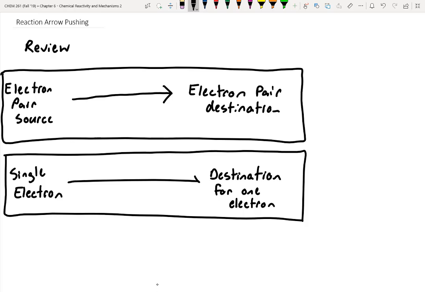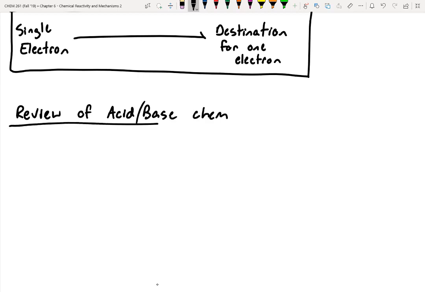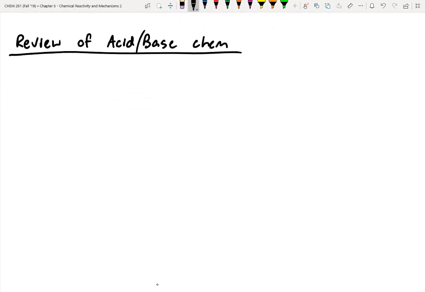All right, so let's review a little bit. If we think about acid-base chemistry, we typically have some sort of base, and we've got some sort of acid that looks like this. Which one's going to be our electron source? The base, the lone pair on the base should be the source, and it's going to reach out and grab that proton. And what else do we need?